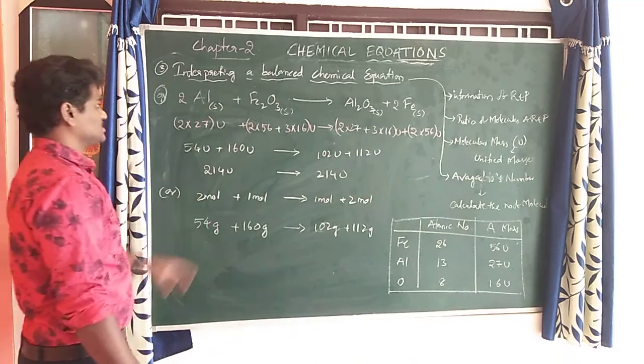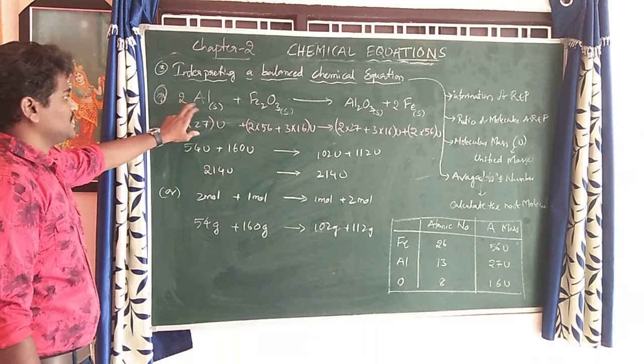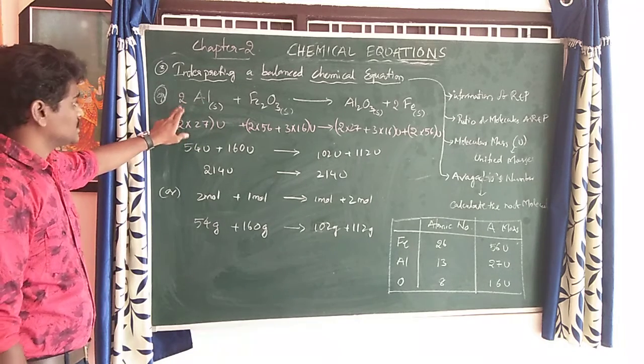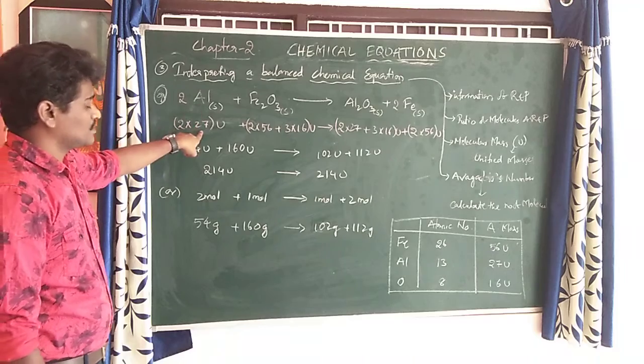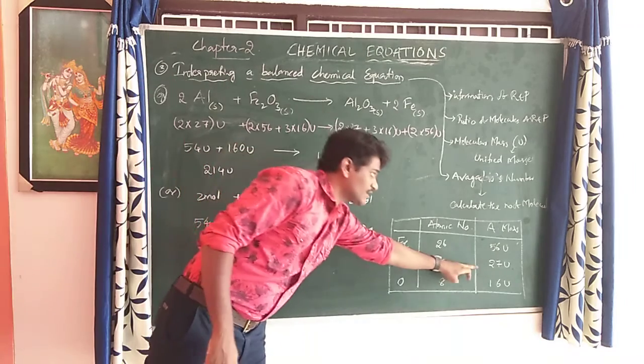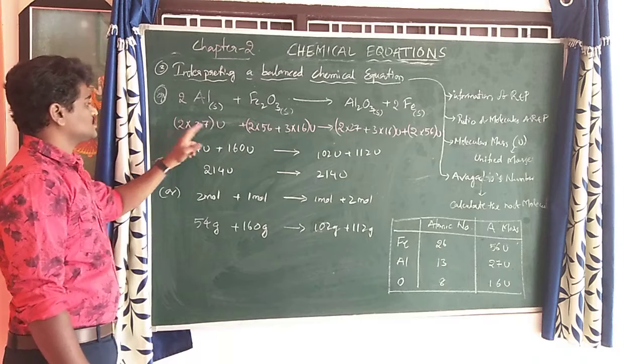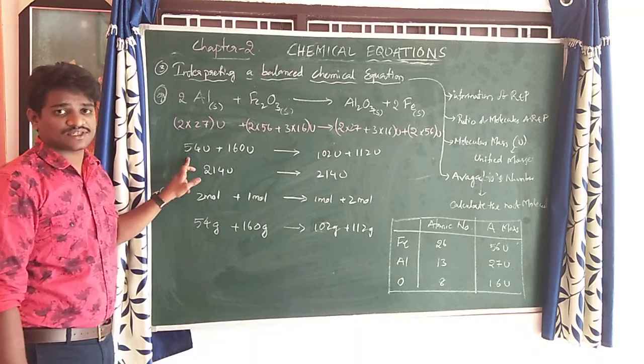Coming to the reaction, how many aluminium atoms are there? 2 aluminium atoms, each with atomic mass 27, so 2 into 27 is 54 units.